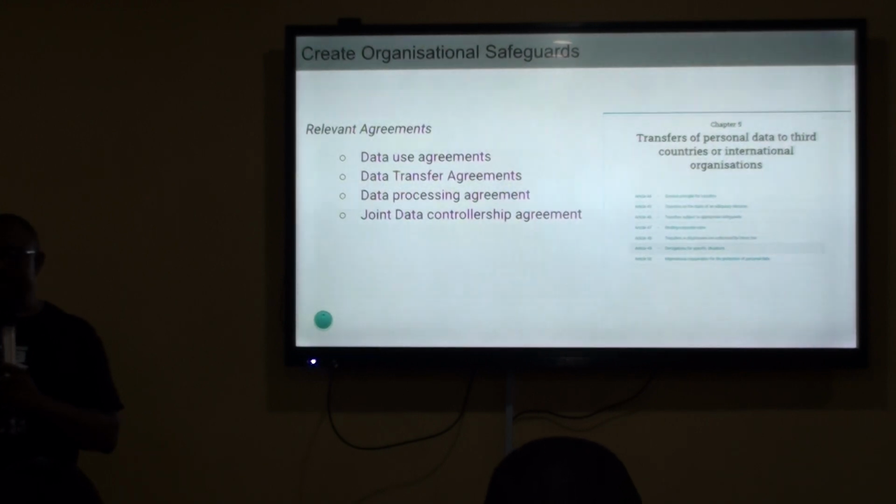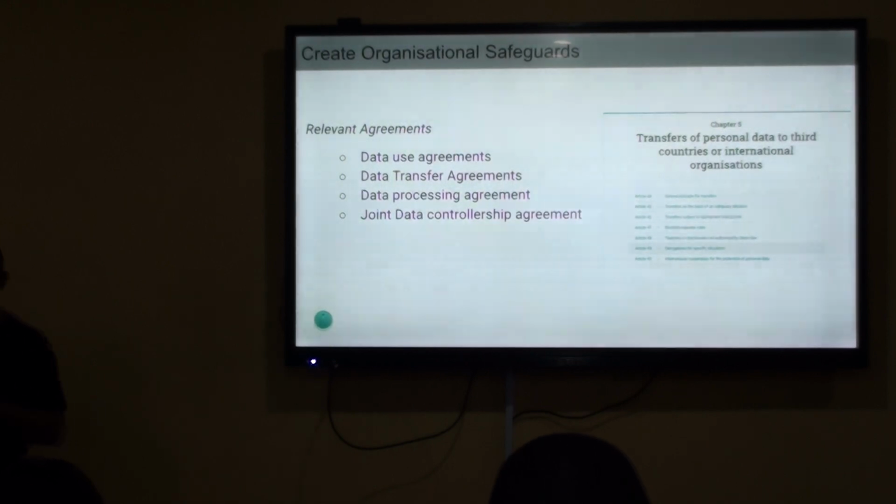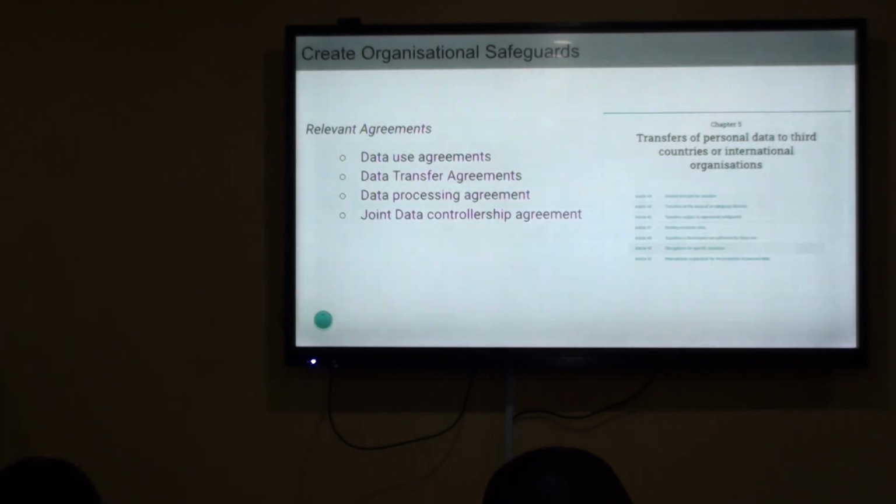What will be in the data use agreement is that now you have the liabilities to use this data as a data controller. So you have to identify your own lawful basis for processing the data. You have to set up your own safeguards for the data. And if there's any breach while you're processing the data, you will bear the responsibilities or the liabilities.